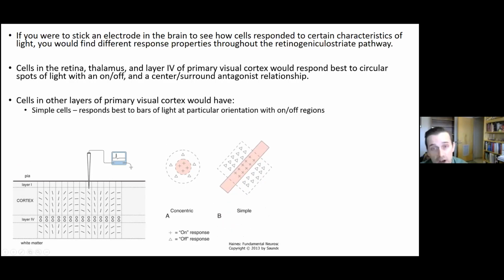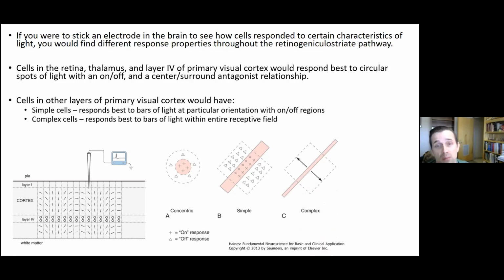So cells in other layers of the primary visual cortex are going to have their own responses accordingly. So you can have simple cells that are going to respond best to bars of light. Okay, and again, this is outside retina, thalamus, layer 4 of the visual cortex. So they're going to respond best to bars of light at specific orientations in on-off regions.